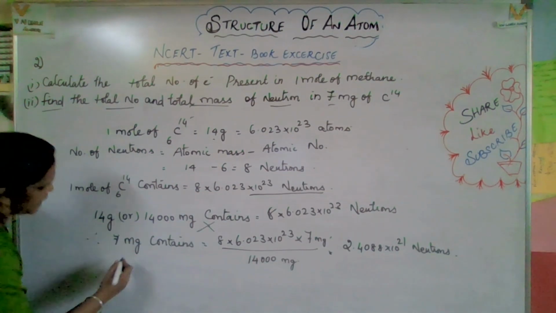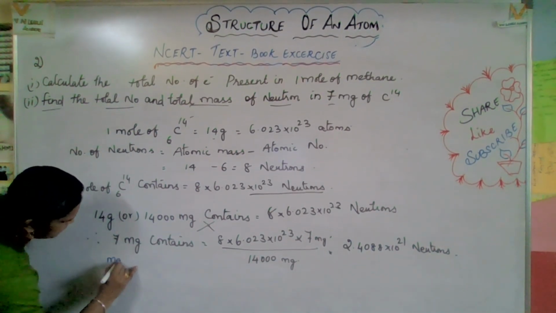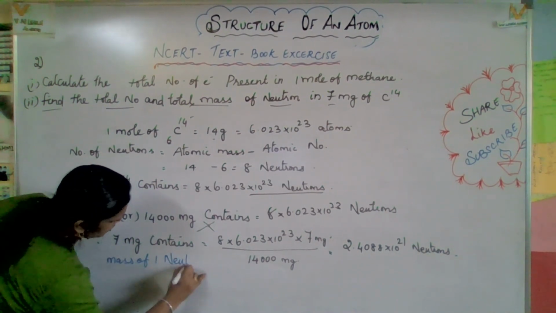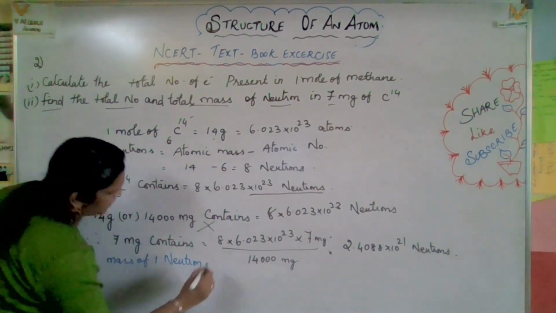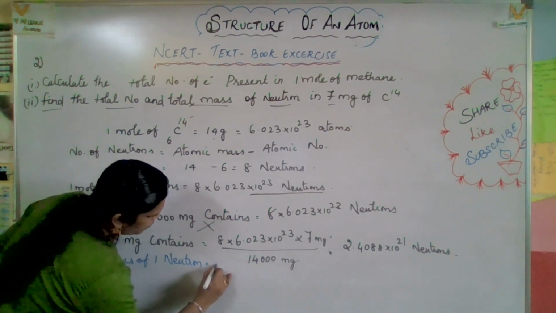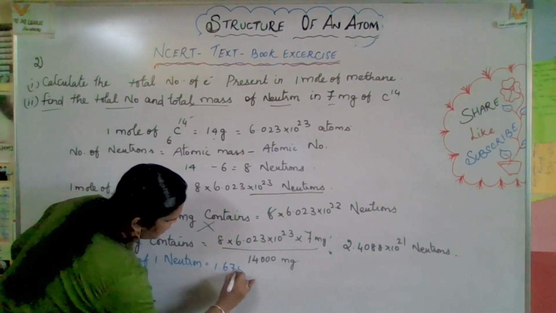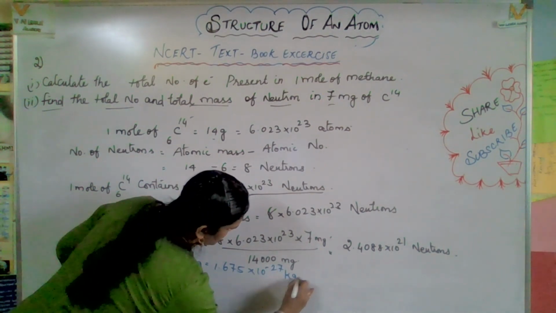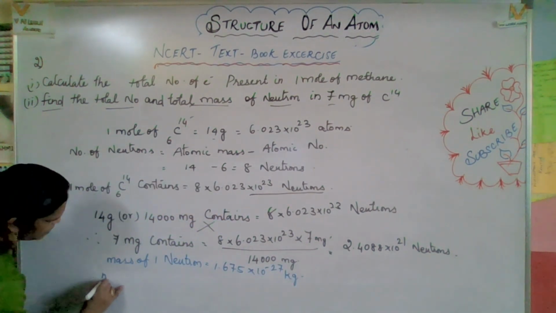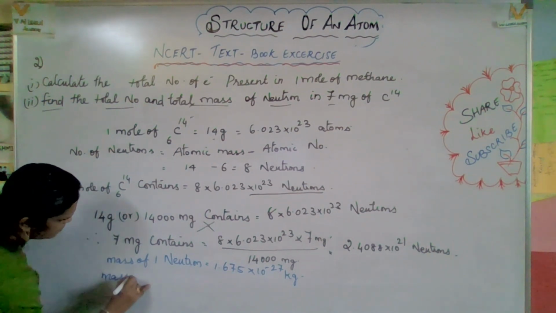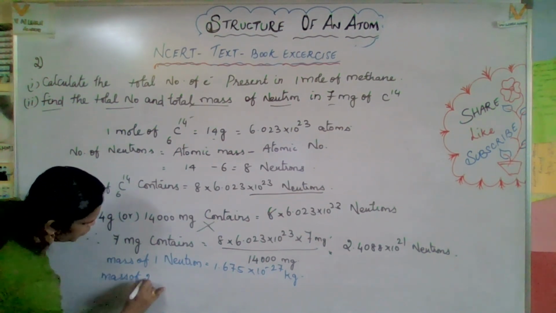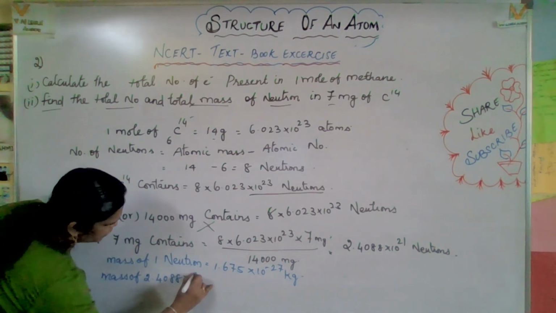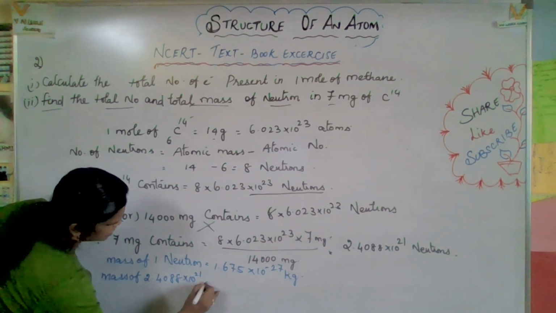So let us check the mass of one neutron. Mass of one neutron, how much? That is actually 1.675 into 10 to the power of minus 27 kg. Therefore, the mass of 2.4088 into 10 to the power of 21 neutrons, how much?